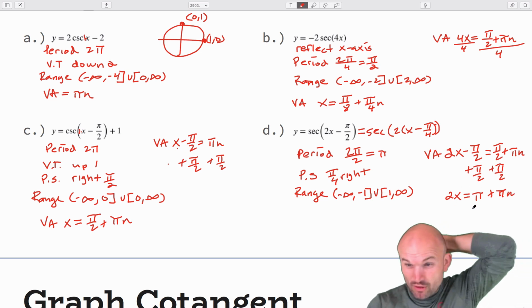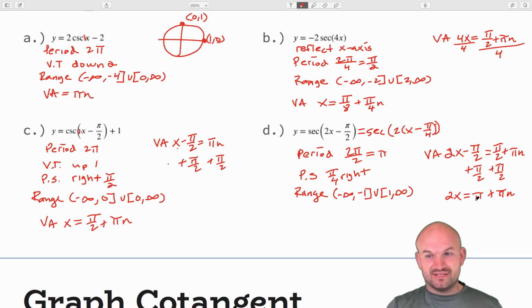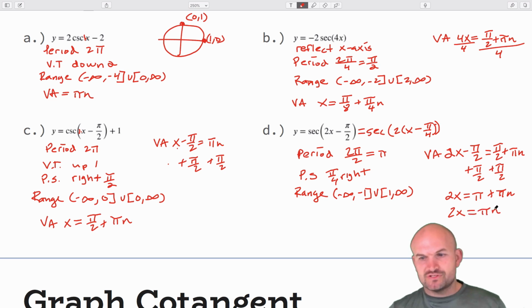Hopefully you recognize that we don't really need the pi here, since pi plus pi n can just be written as pi n. For students just looking at the answers, where'd the pi go? But it's redundant, like 2 plus 2n, we don't need the 2. So then you divide by 2, and x equals pi halves n. So the vertical asymptote is x equals pi halves n.